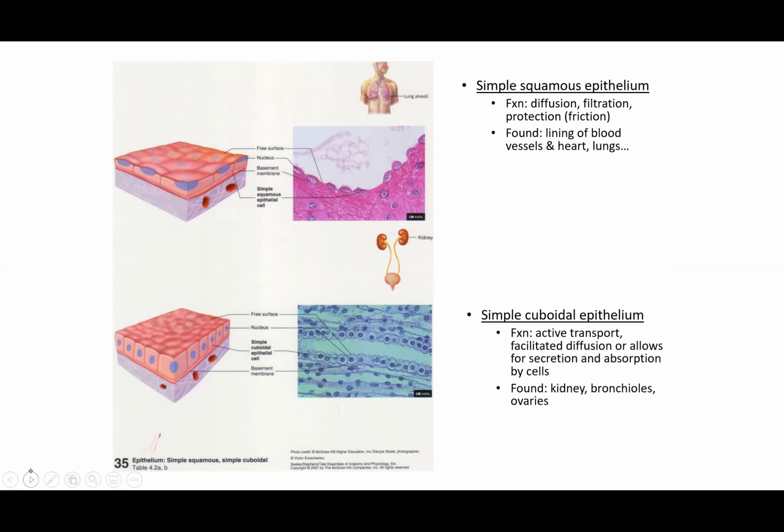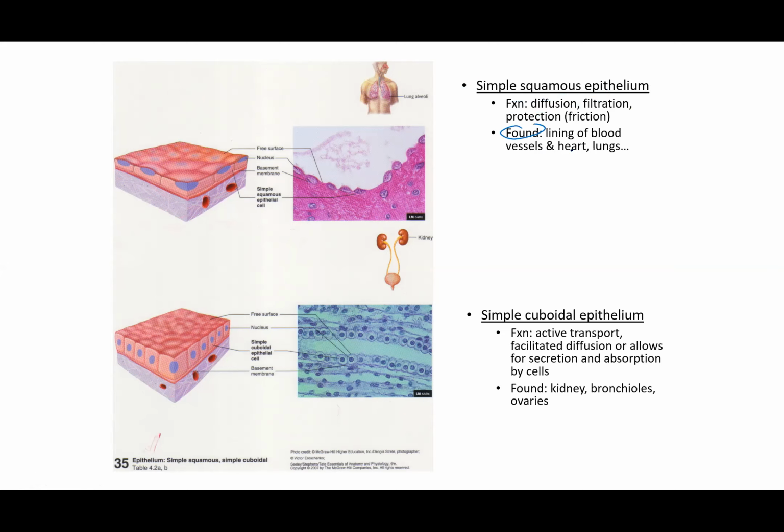Here's your simple squamous epithelial tissue. Okay, there's a test question. So function, diffusion, okay, filtration.